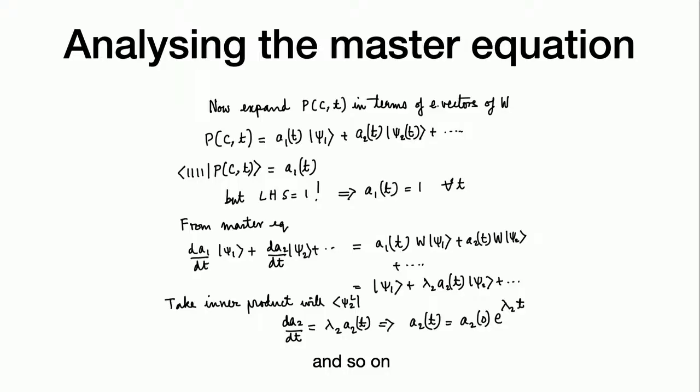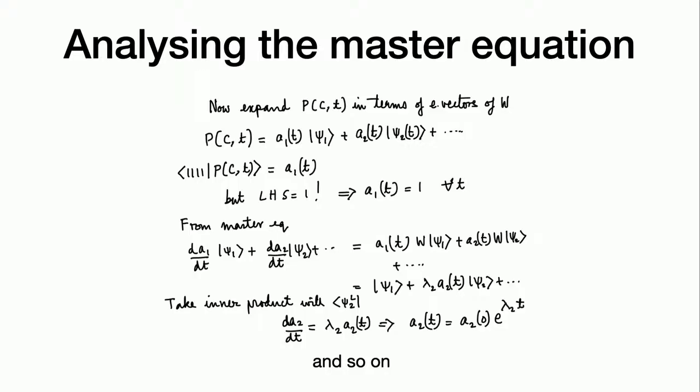I made an error here. It is lambda 2 times psi 2 plus so on. So, dA1 by dt is 0. Now, if I compare the terms one by one, dA2 by dt is lambda 2 times A2. So, A2 is A2 of 0 e to the power lambda 2 t. Similarly, A3 is A3 of 0 times e to the power lambda 3 t. So, I can solve for all the coefficients like this, and A1 we know is 1.